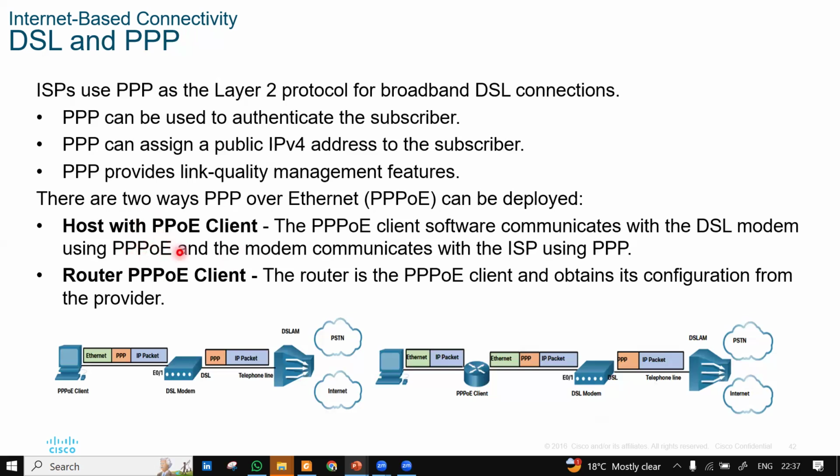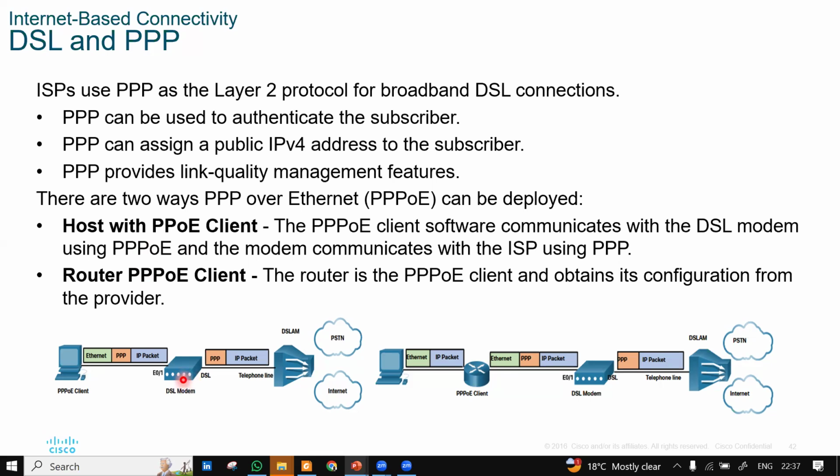Host with PPPoE client, then router with PPPoE client. Okay. All right. Let's begin with host with PPPoE client. So this is very useful when you want to bypass the router. So you can see this network, the client is directly connected to the DSL modem.